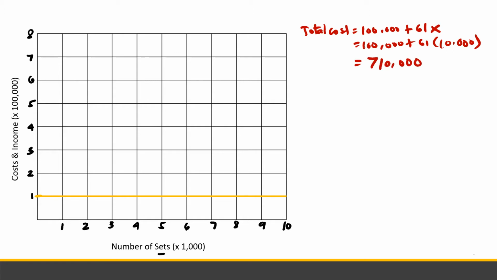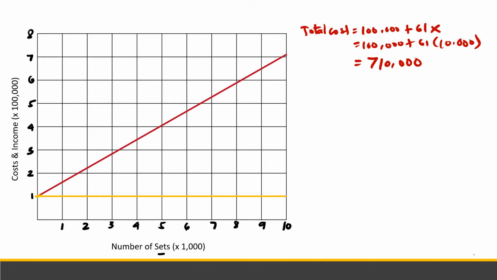So maybe somewhere dito. So okay, so that is 7.1, so maybe somewhere here. Okay, so that is our variable cost or yung cost line natin.